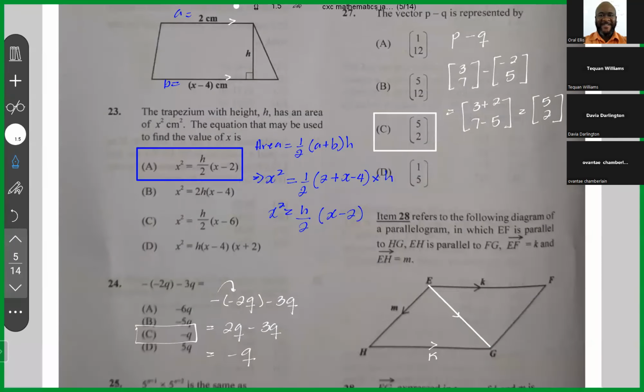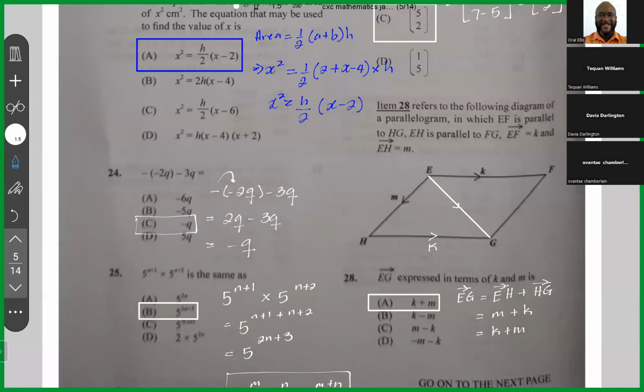All right, question number 28 is a simple vector question. We're asked to find the vector EG. EFGH is a parallelogram.